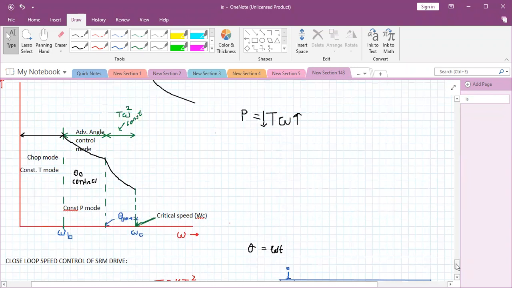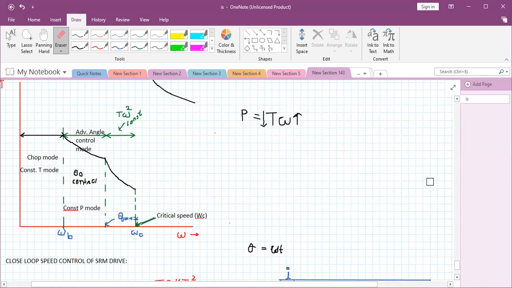Yeah. In the advanced angle control mode, you have written theta 0 constant. Constant like control. Oh, control. Okay, right. It is a control. Is it clear? Yeah, it is.